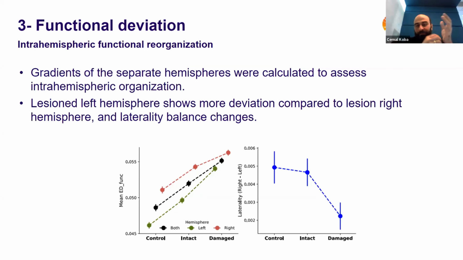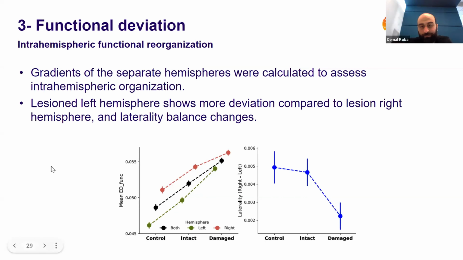To do that, we calculated the gradients separately for each hemisphere of controls, right and left hemisphere of controls that are both healthy, and right and left hemisphere of stroke patients. And we further divided them into intact hemispheres and damaged hemispheres. So each subject has one intact hemisphere, one damaged hemisphere, and their connectivity matrices are used for calculating the gradients, and their gradients were used to calculate the functional deviation as we did for the whole brain.